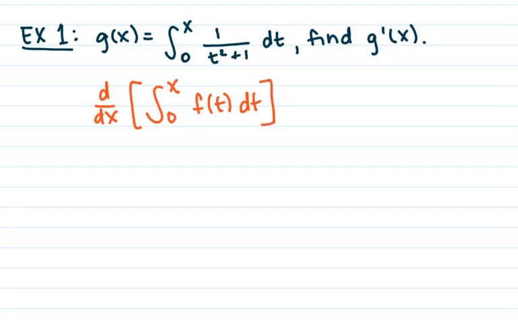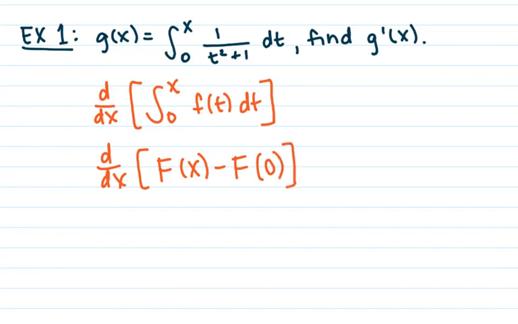Okay, and when we find the derivative of that, we're really finding the derivative of the antiderivative of the function at x minus the antiderivative of the function at 0. Well, the derivative of the antiderivative simply gives me f of x, and the derivative of some constant gives me 0.